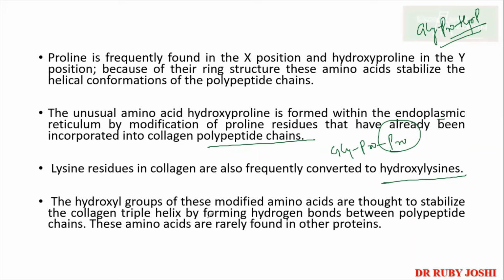The hydroxyl groups of these modified amino acids are thought to stabilize the collagen triple helix by forming hydrogen bonds between the polypeptide chains. So as I said, if suppose you have got it like this, even these are making interactions. These interactions are possible because of the hydroxyl group, OH group. Okay.